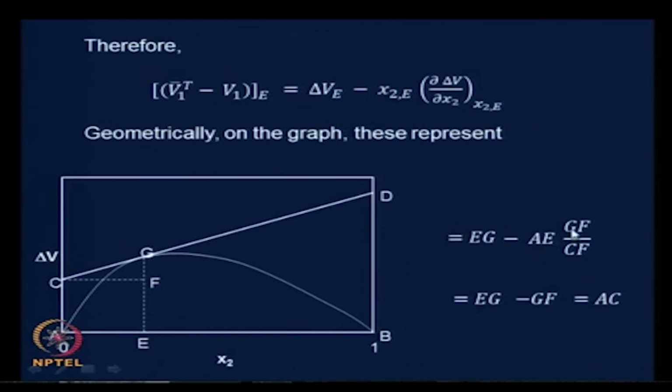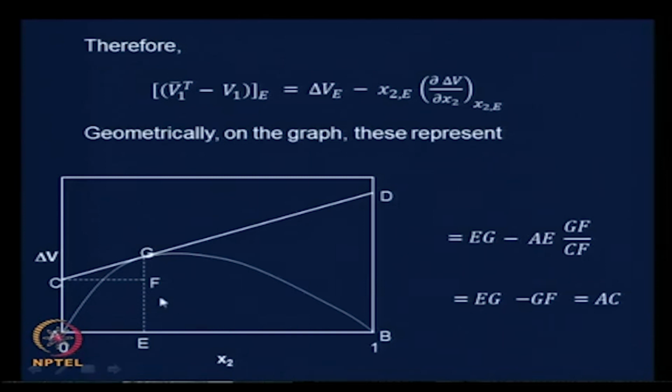So AE times GF by CF, which is essentially the slope of the tangent to the curve at the point G, given by dou delta V by dou x2 at the point E. So this is the slope, and we all know that AE equals CF, therefore these two can be cancelled.